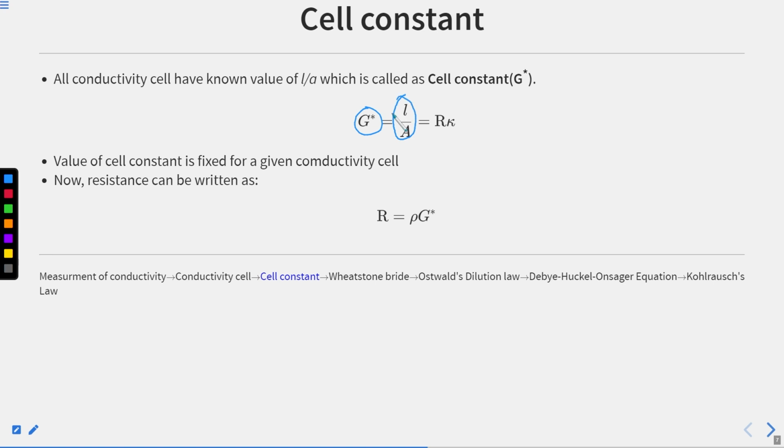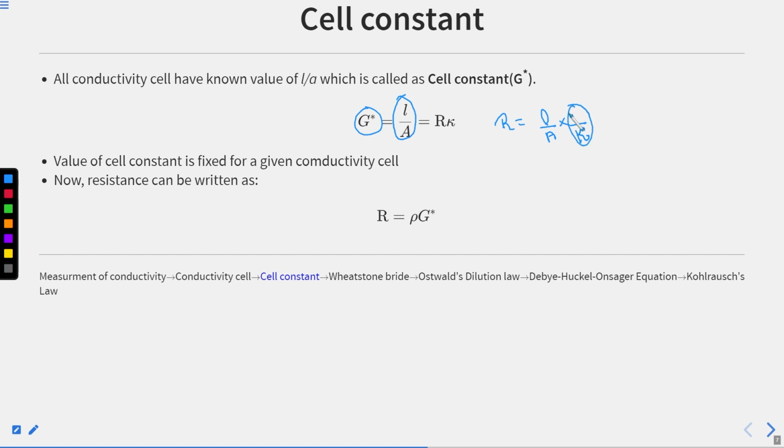It is basically length per unit area. If you modify it further, from the previous slide you must have seen that R equals L by A into 1 by kappa.